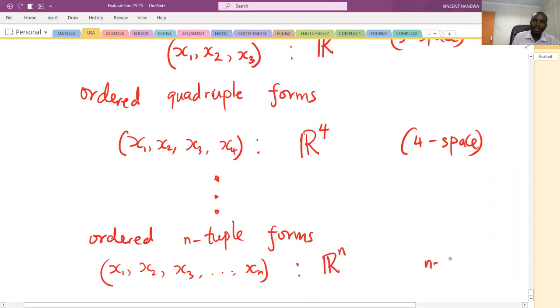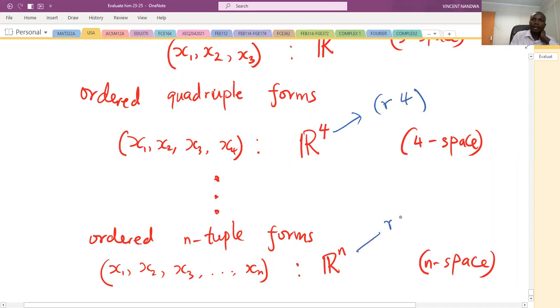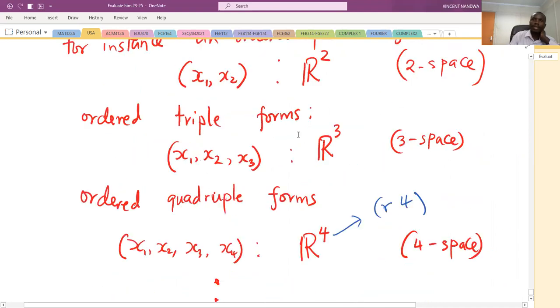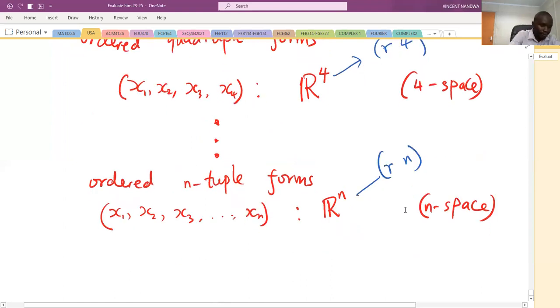So this is n space. So remember, this one is read as R4, this one is read as Rn, this one is read as R3, and this one is read as R2, or 2 space, 3 space, 4 space up to n space.